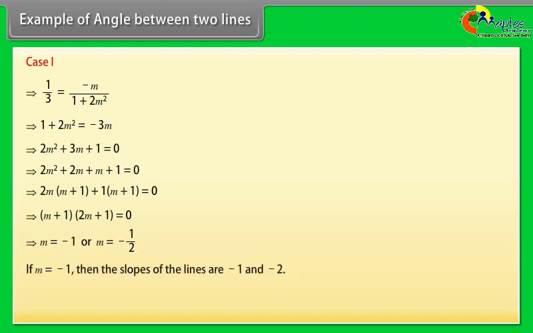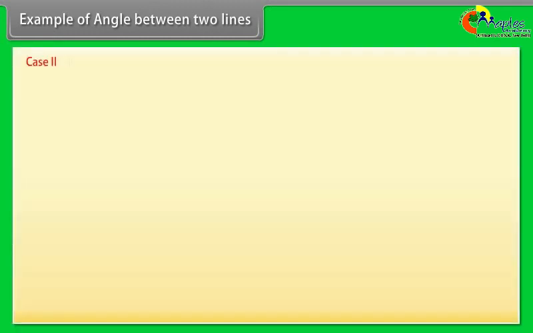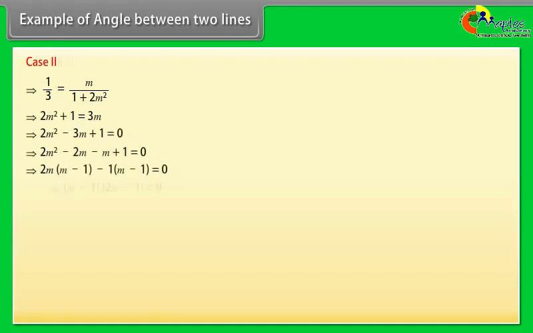If m is equal to minus 1, then the slopes of the lines are minus 1 and minus 2. If m is equal to minus 1 by 2, then the slopes of the lines are minus 1 by 2 and minus 1. Case 2. 1 by 3 is equal to m by (1 plus 2m square). On solving, we get m is equal to 1 or m is equal to 1 by 2.